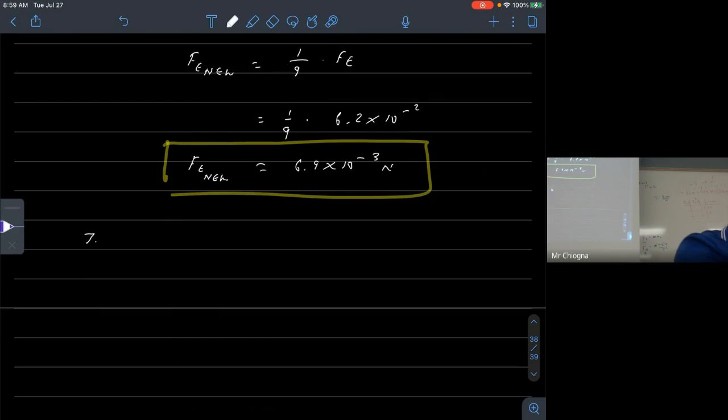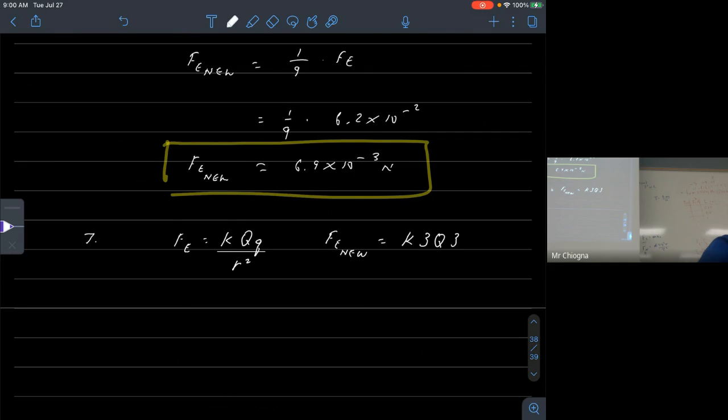Okay, 7. Is the charge on both objects triple, and the distance doubles? Okay, same process. That's the old. This is the new. Charge on both triples, so instead of Q, you got 3Q.